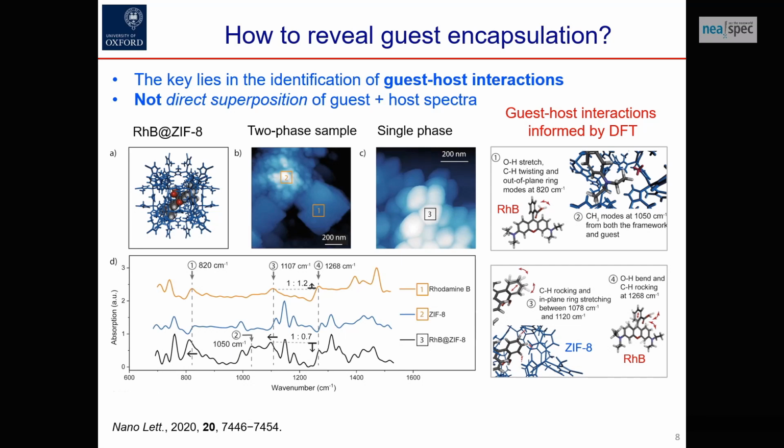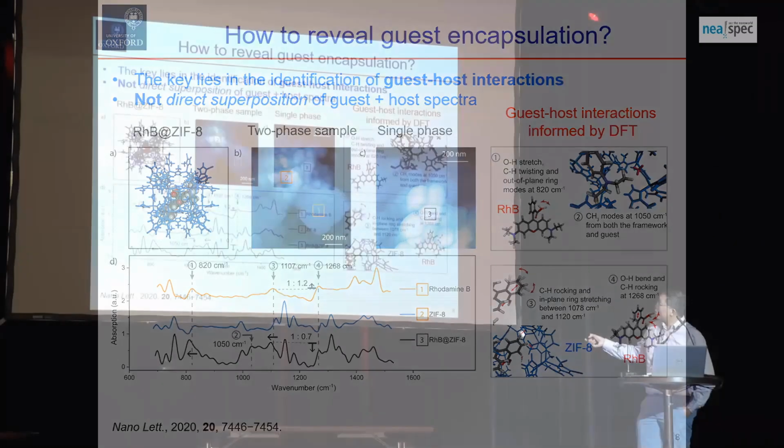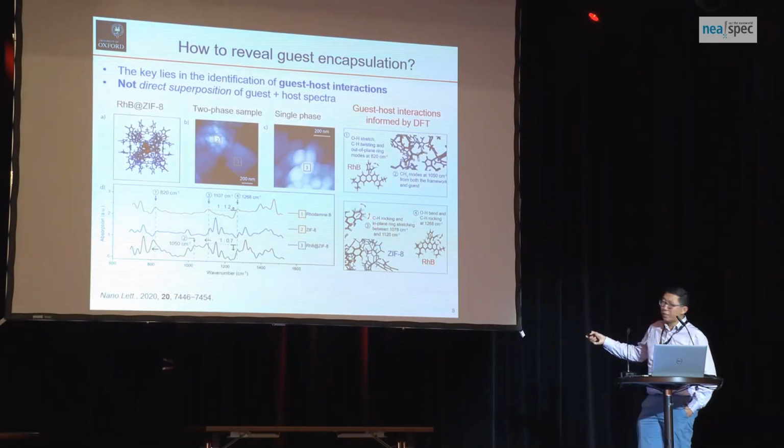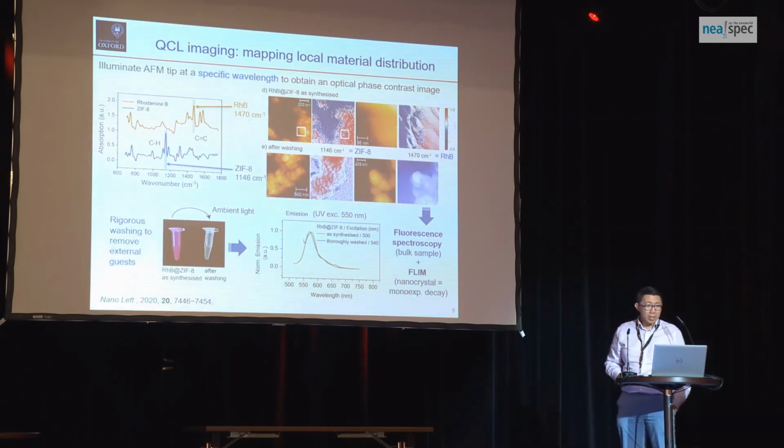Just for example, if you look at what we denoted 3 and 4 here, 3 is associated with CH rocking, and number 4 is the OH bending and so on associated with the rhodamine B guest. If we take the ratio of this one to that one, it's about 1 to 1, but the ratio then went down. So I think we could suggest that as a result of host-guest encapsulation, the confinement gives rise to such a modification in the vibrations.